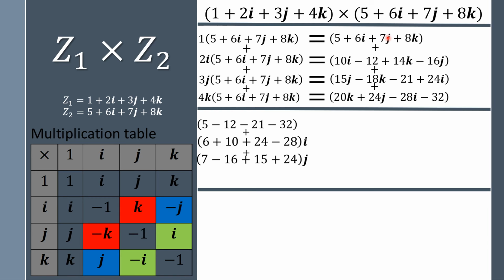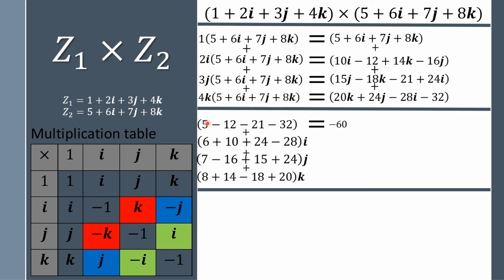And then for k, we have 8k plus 14k minus 18k plus 20k, and factor out the k.